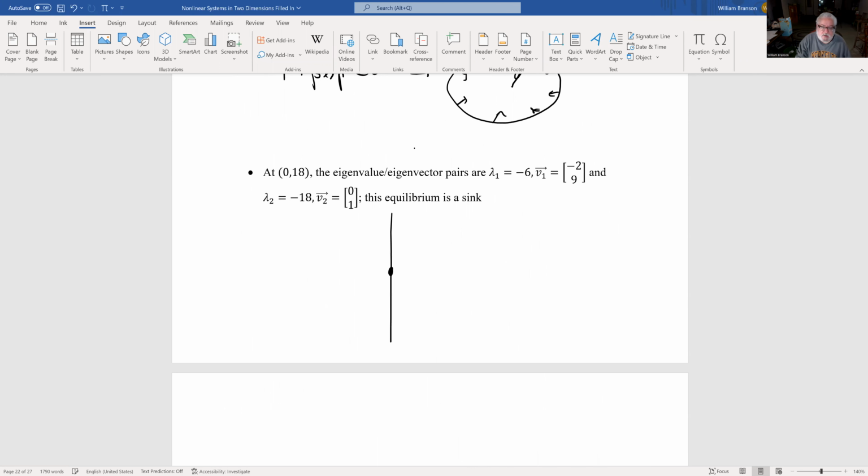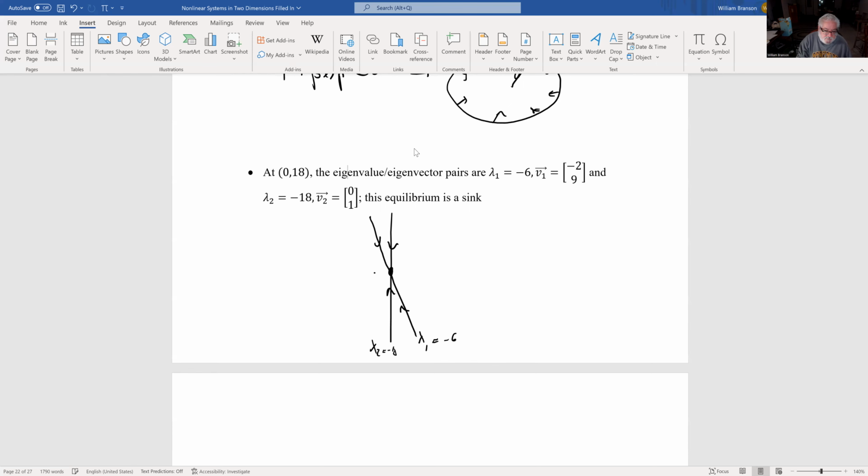My eigendirections: -2, 9 is like that, and we're going in here, with lambda 1 equals -6. And 0, 1, that's in this direction, with lambda 2 equals -18.